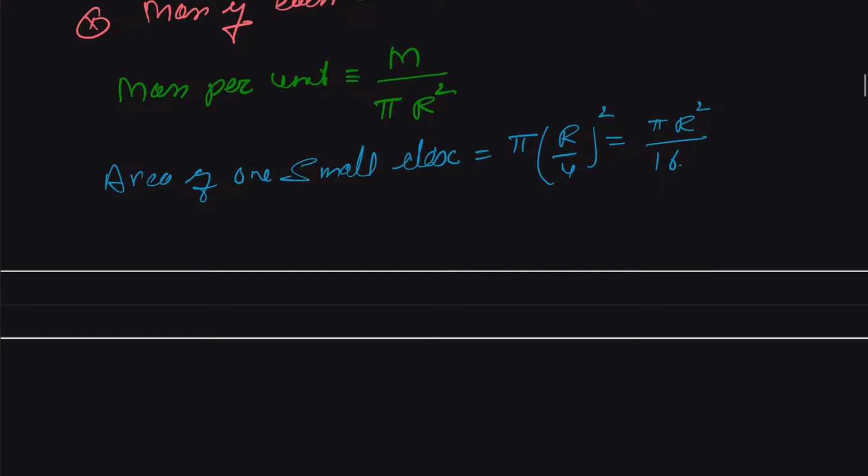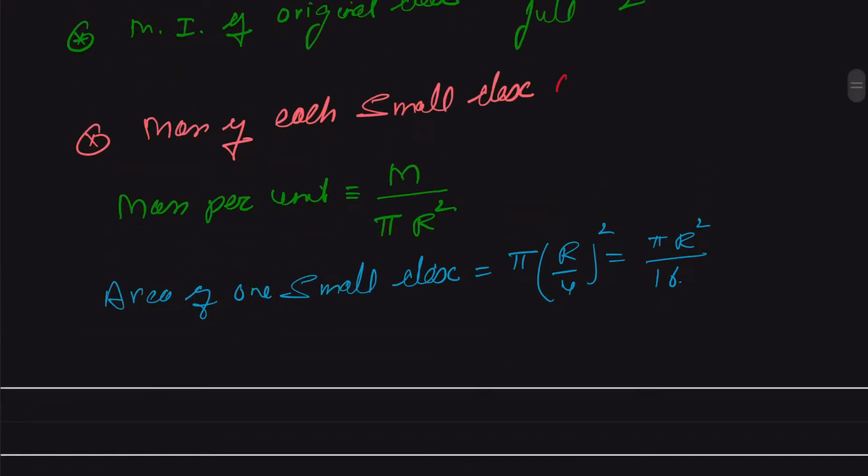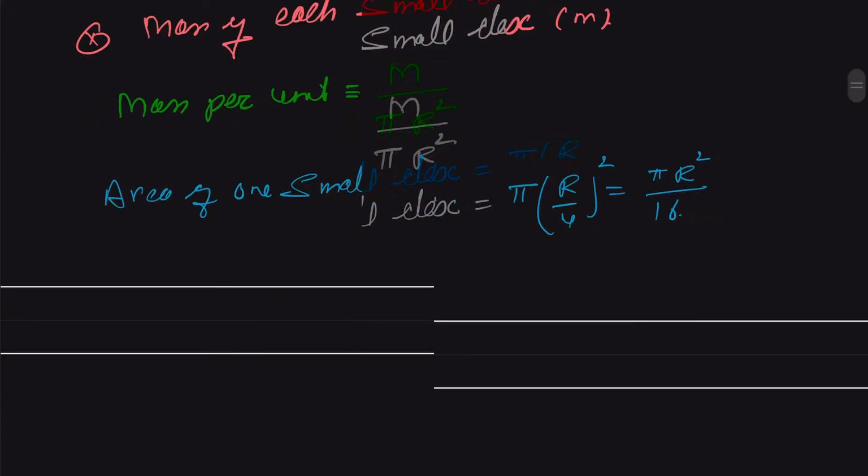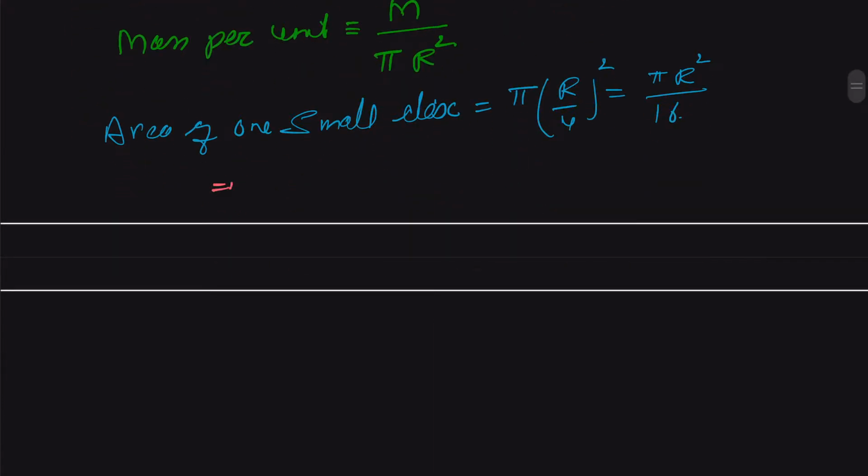Therefore the mass of the small disk, let us call it small m, comes as m upon 16.